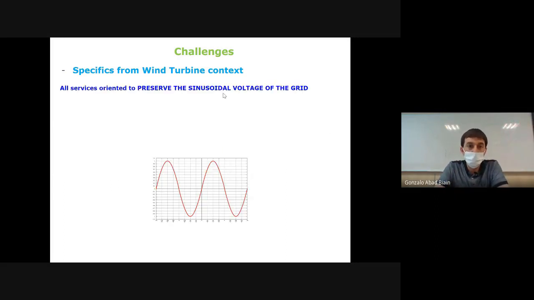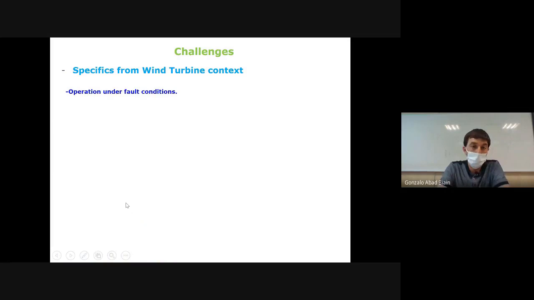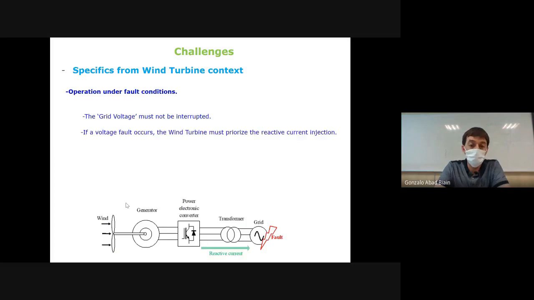The other challenge was operation under fault. The grid voltage must not be interrupted.